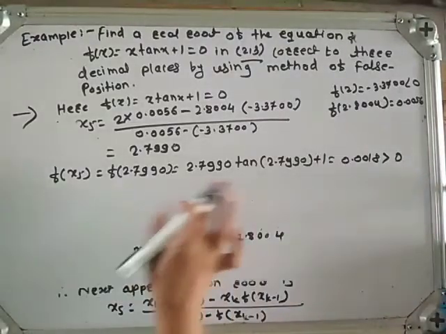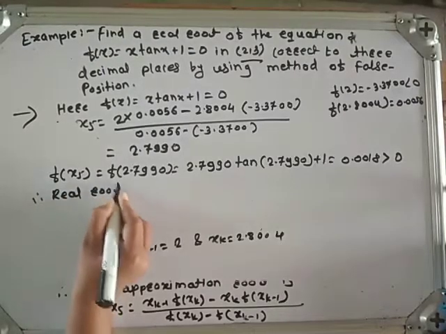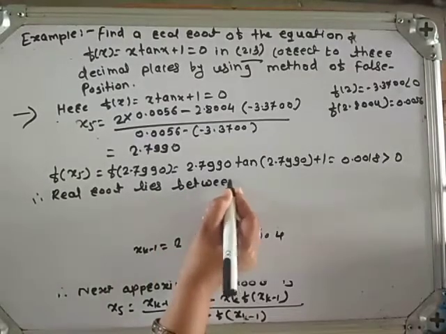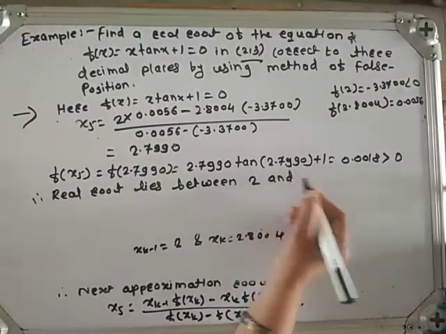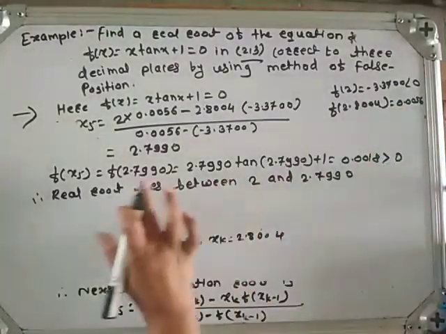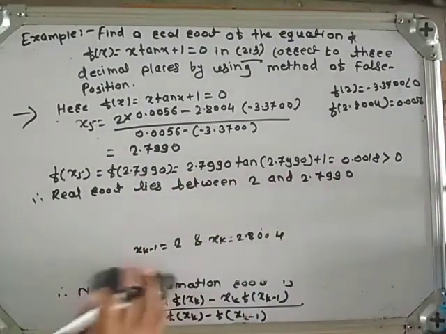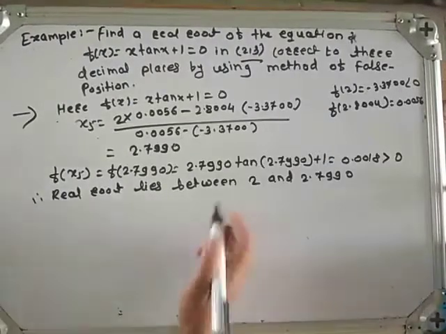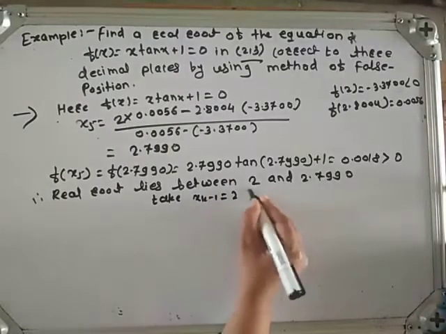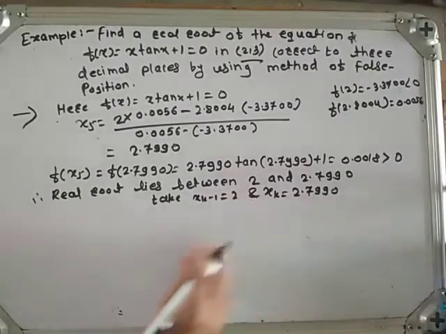Therefore the real root lies between 2 and 2.7990, because f of 2 is negative and f of 2.7990 is positive. Take xk minus 1 is equal to 2 and xk is equal to 2.7990.